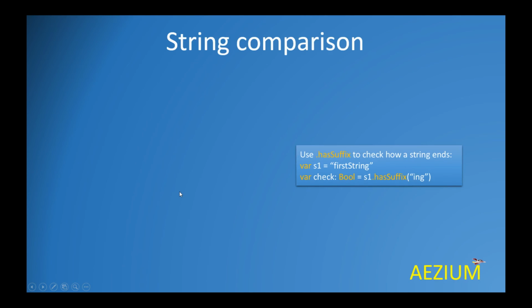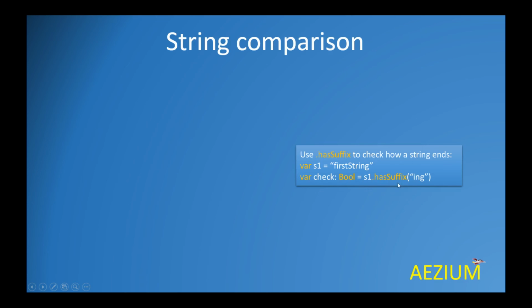A similar arrangement exists, so instead of has prefix, we can use has suffix to check whether a string ends with a particular pattern. So here again we have another variable called s1 whose value is first string.